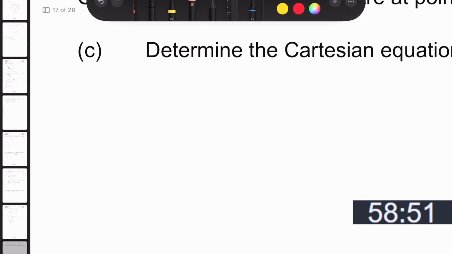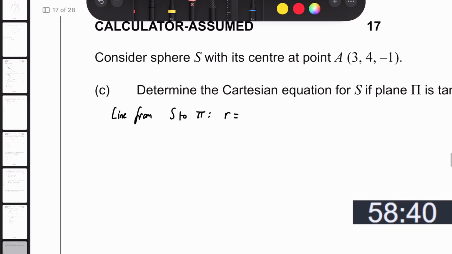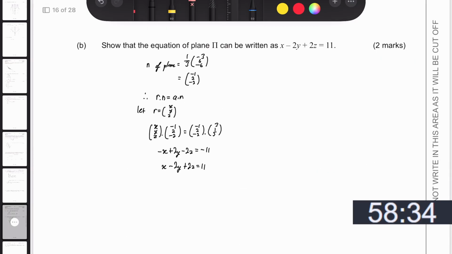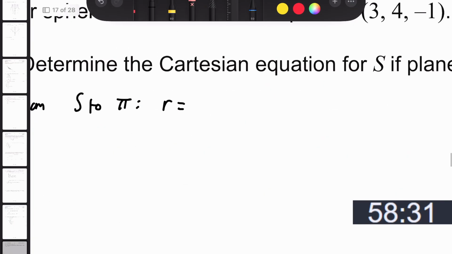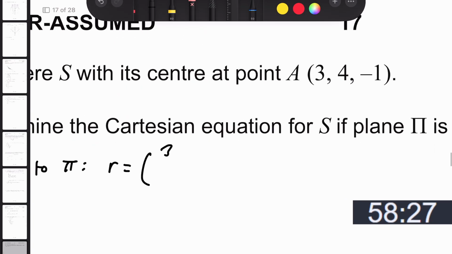Right, so let's say the line from S to the plane. Let's say that r is equal to... so the line is going to be the normal vector. So it's going to be negative 1, 2, negative 2. So we start at 3, 4, negative 1, plus some lambda of negative 1, 2, negative 2.